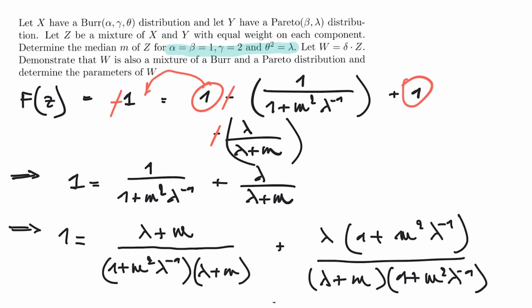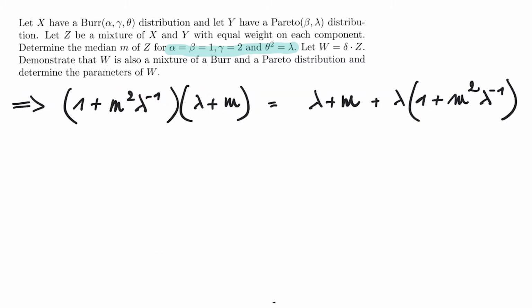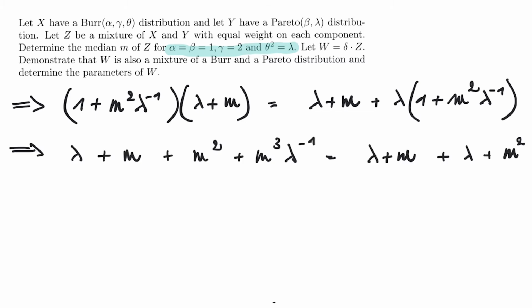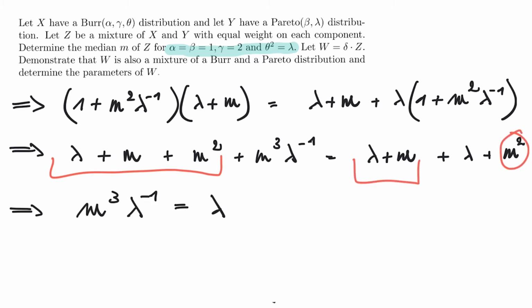We will then multiply both sides by the common denominator. We then rewrite both sides as follows. We can delete the common parts, which then finally results in m equal to lambda to the power 2 divided by 3.